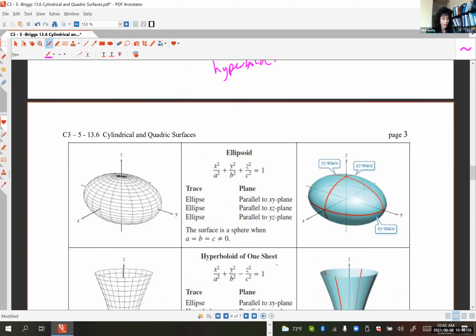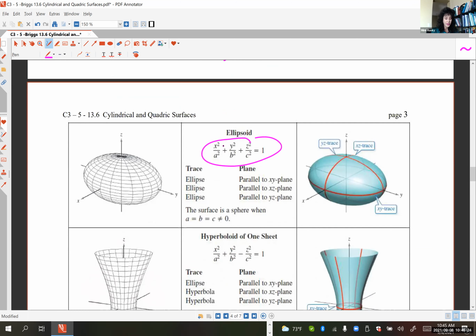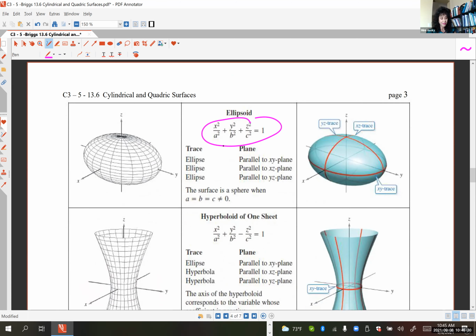So here's all the different kinds of quadric surfaces. Ellipsoids, I like to think of as a 3D ellipse, because it kind of looks like one. It looks like an egg. If A and B and C are all the same number, you'll get a sphere instead of an ellipsoid. So it's almost the sphere equation that they rearranged, okay?